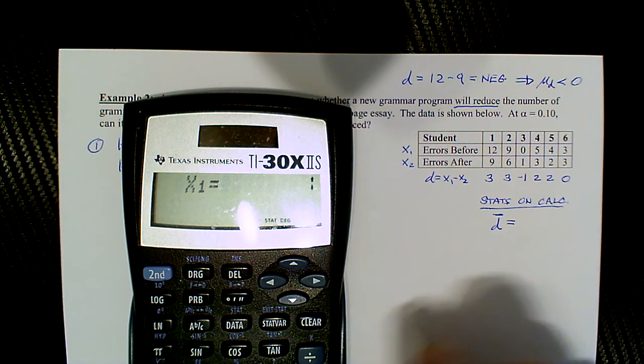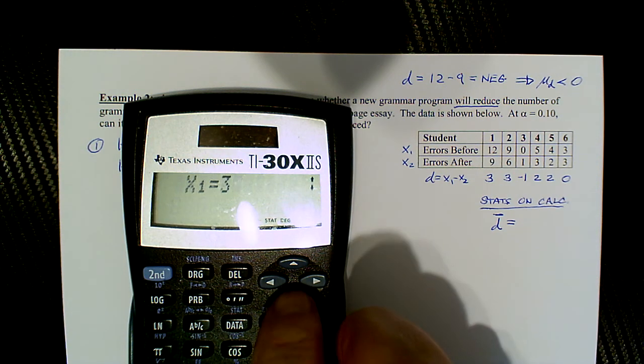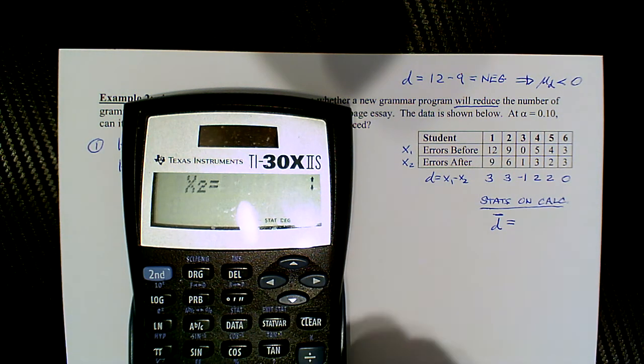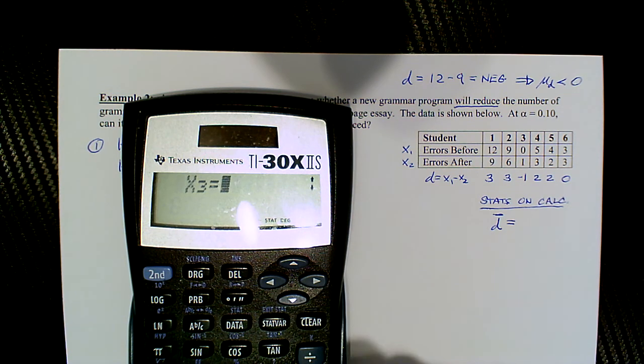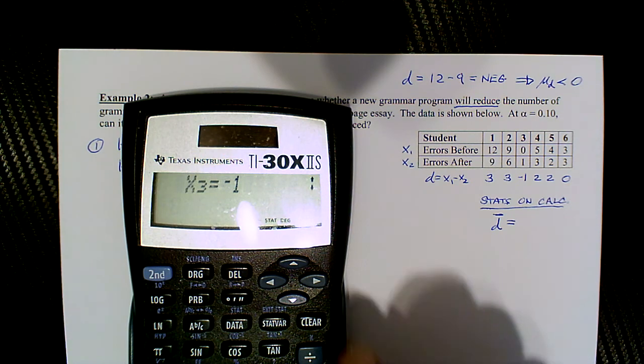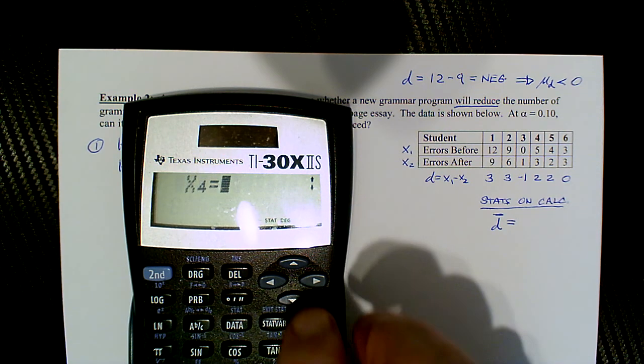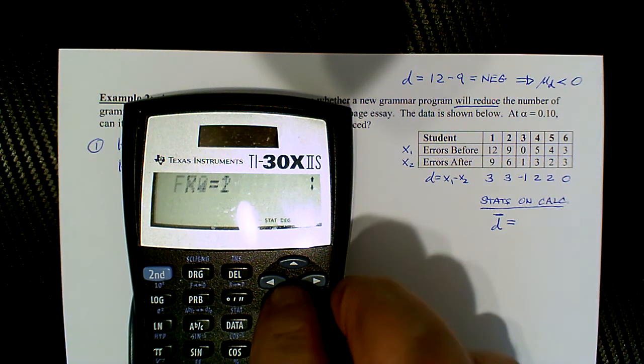So then I enter the values: 3, frequency of 1, 3, frequency of 1, negative 1. You have to use your change of sign key to enter the negative. 2, 2, and 0 is significant.